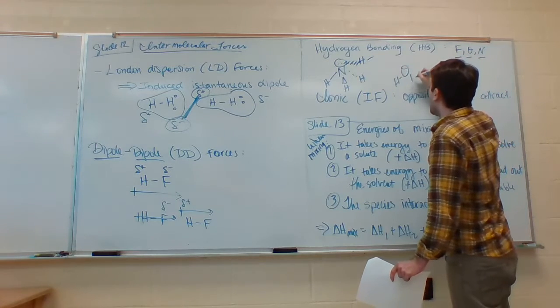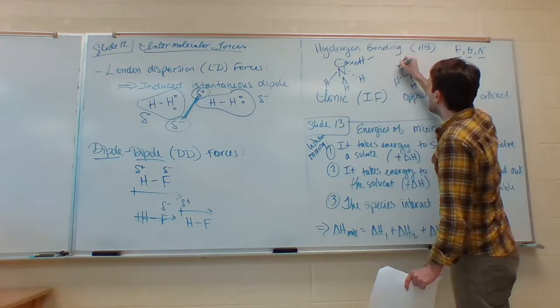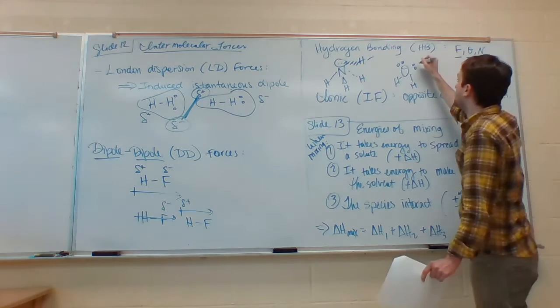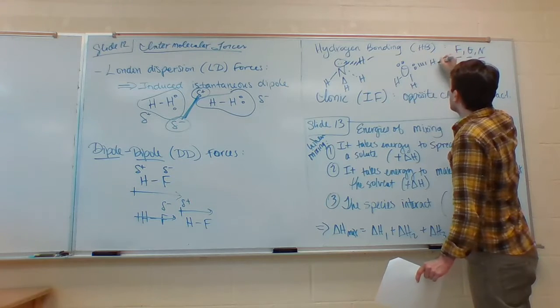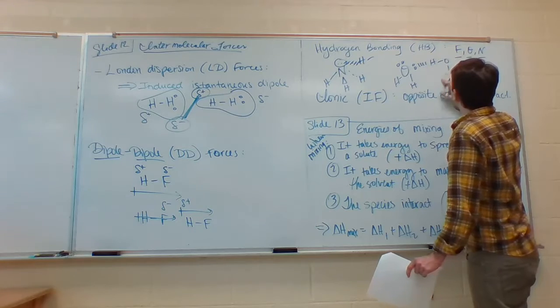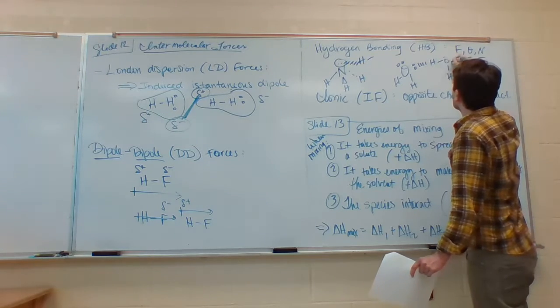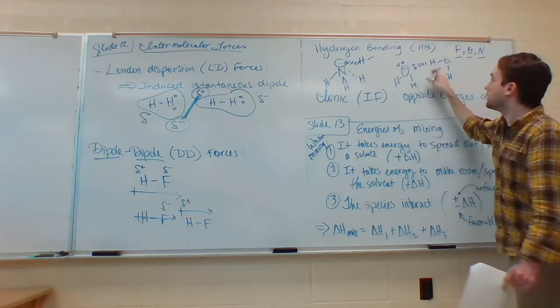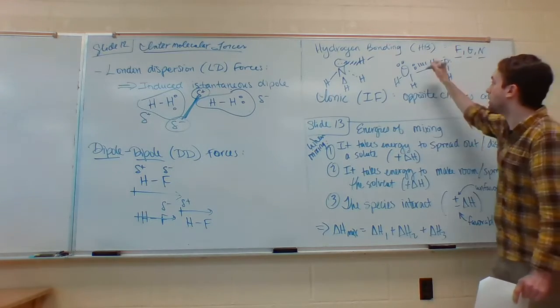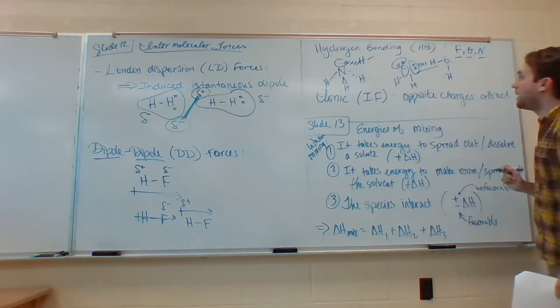Oxygen, like let's say that we had H2O, has two lone pairs. That means that it can hydrogen bond with two nearby molecules that have hydrogen, because it has two lone pairs.